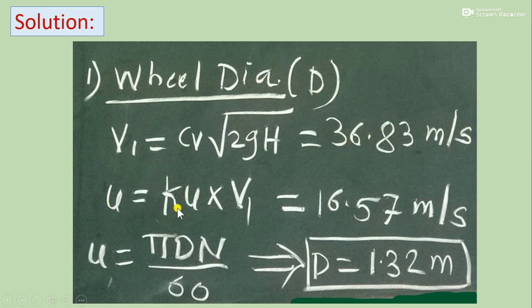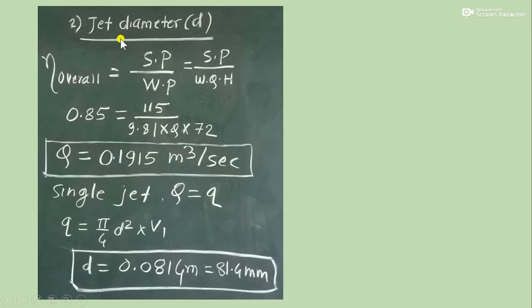We can use U is equal to KU into V1. Here KU is given and V1 is calculated, so we get U in meters per second. Then we can use the formula U is equal to pi dn by 60. From this formula, we get the wheel diameter in meters. Jet diameter: to obtain this, first of all, we have to use the overall efficiency formula, because it is given.